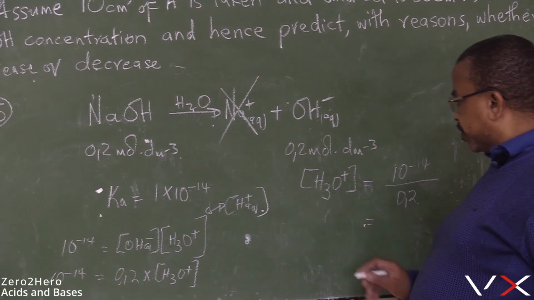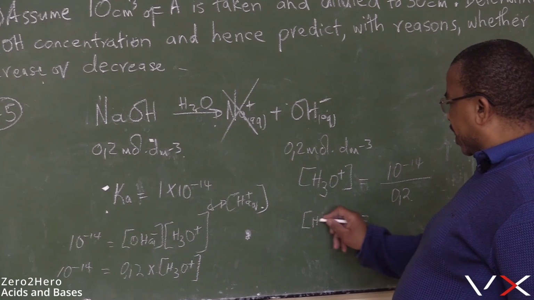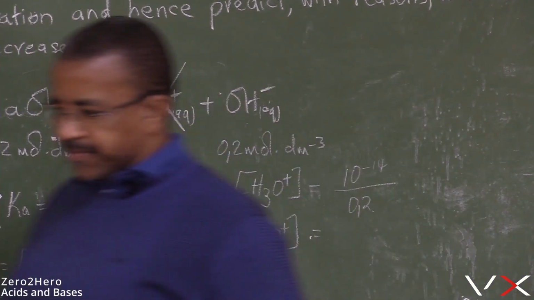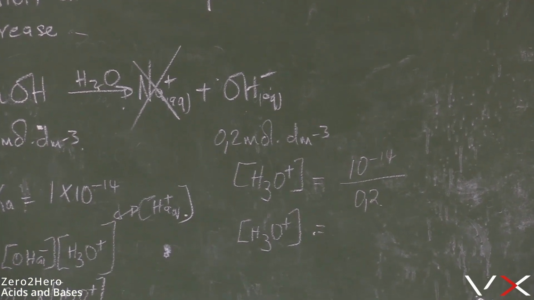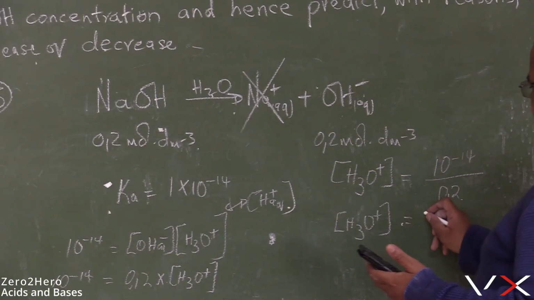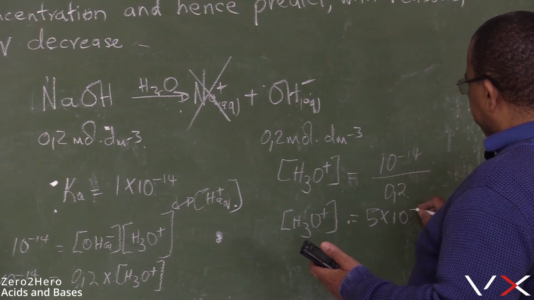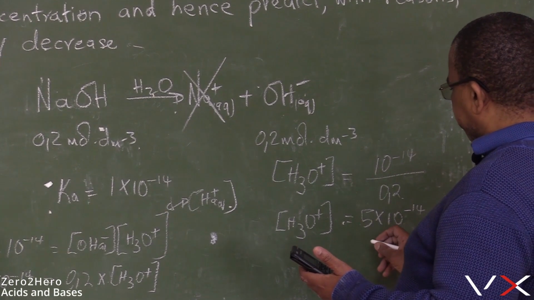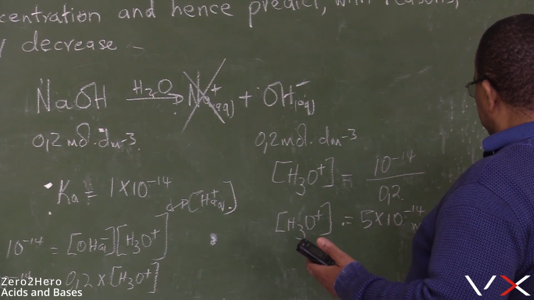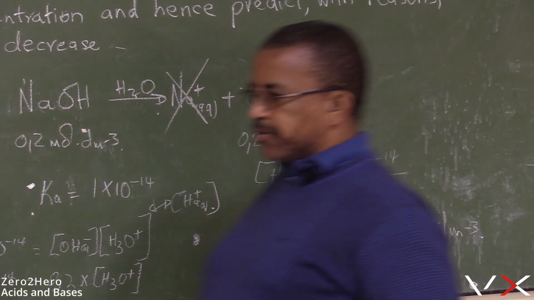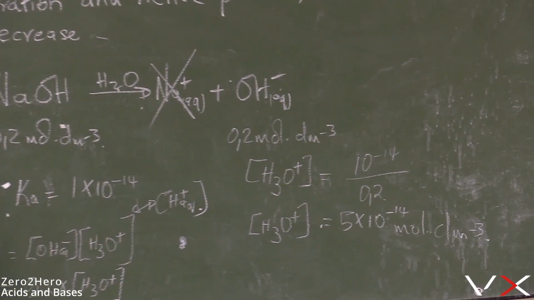That gives 5 times 10 to the power minus 14 mole per cubic decimeter.